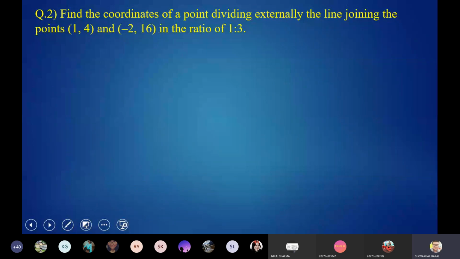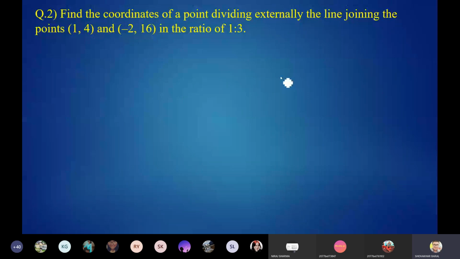Find the coordinates of a point dividing externally the line joining the points 1, 4 and minus 2, 16 in the ratio of 1:3.